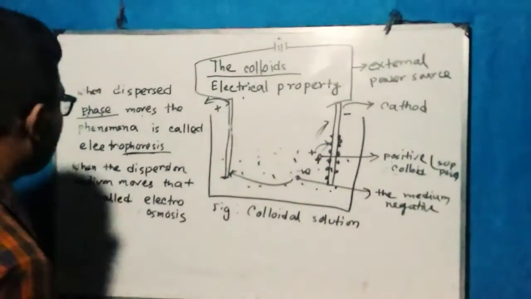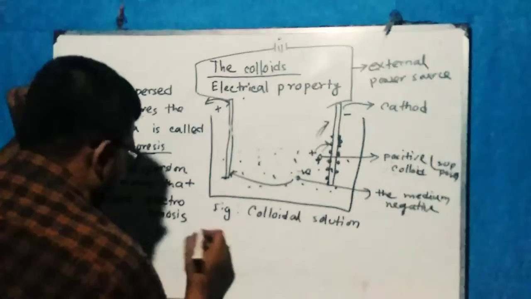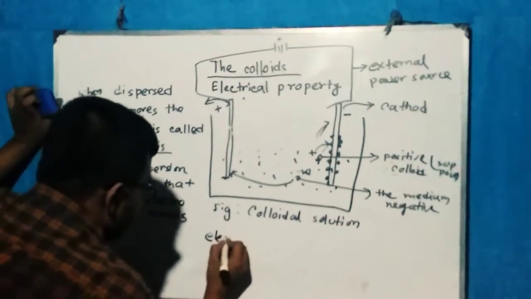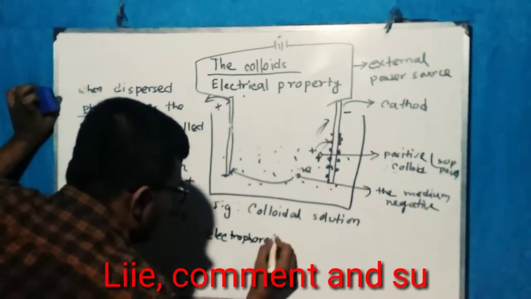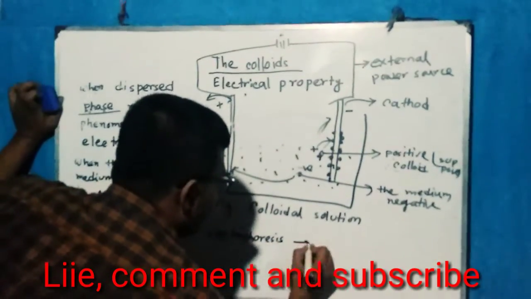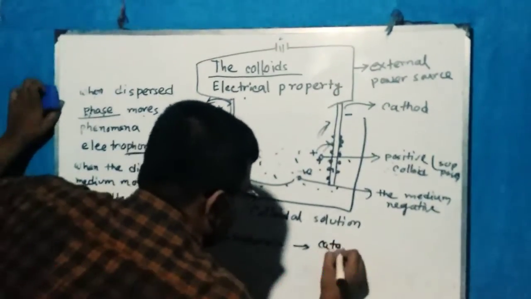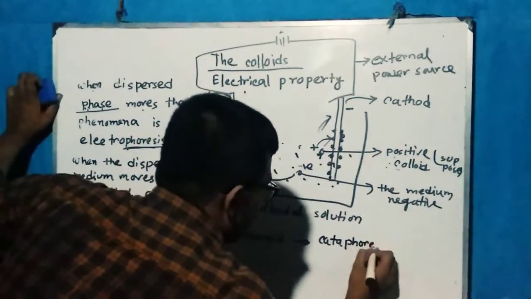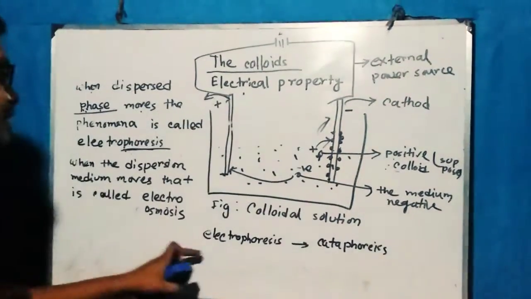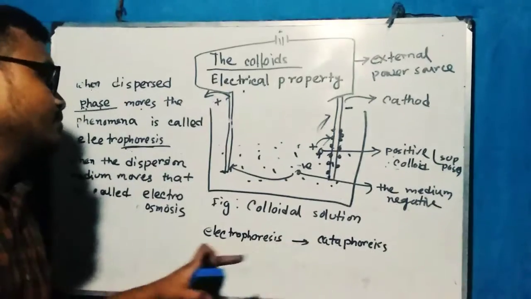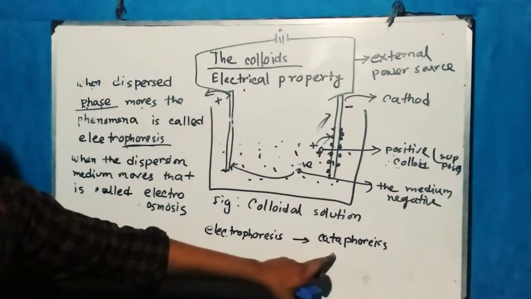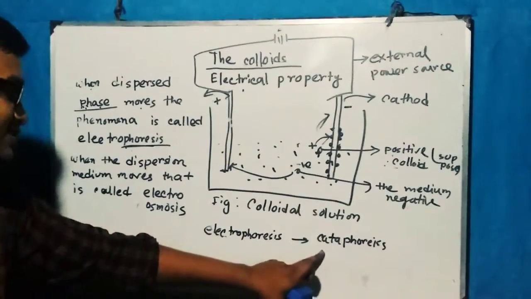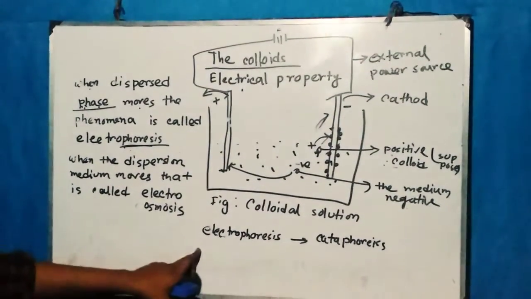But electrophoresis can be called cataphoresis. So electrophoresis and cataphoresis are the same. If in the question paper the cataphoresis process is asked, you have to write down the electrophoresis process.